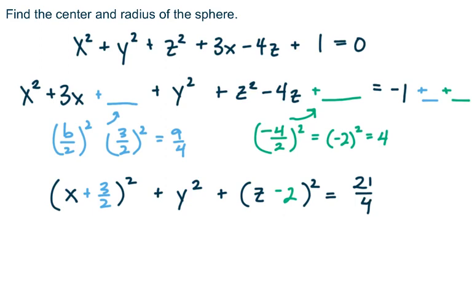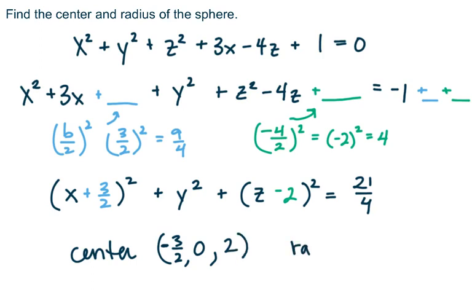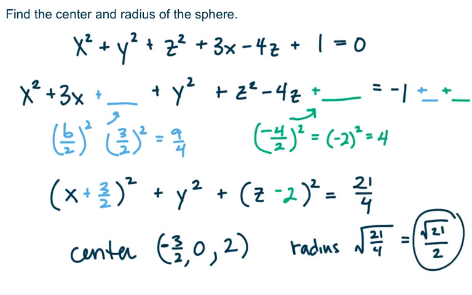And our center is -3/2, 0, and +2. And the radius is going to be the square root of 21 over 4, which would simplify to the square root of 21 over 2.